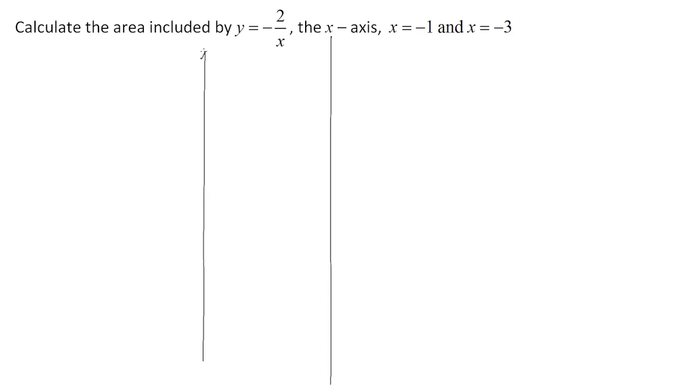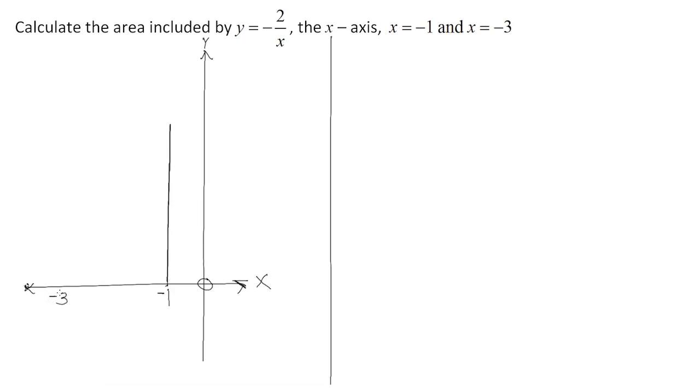That is your y-axis. This here is my x-axis, and that is your origin. Now this negative 2, it's in this quadrant, and obviously from negative 1, so I will draw x is negative 1, and then obviously negative 3.